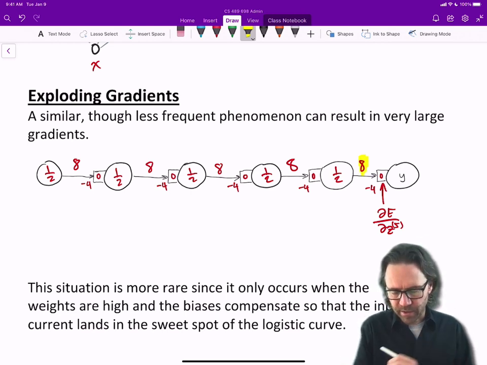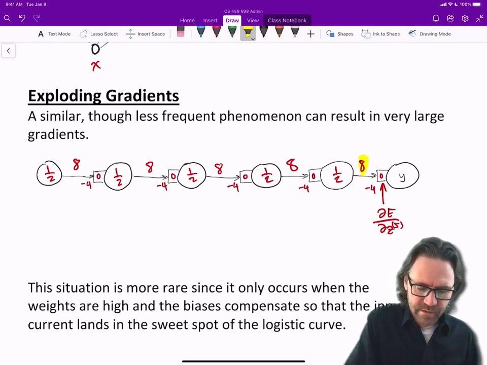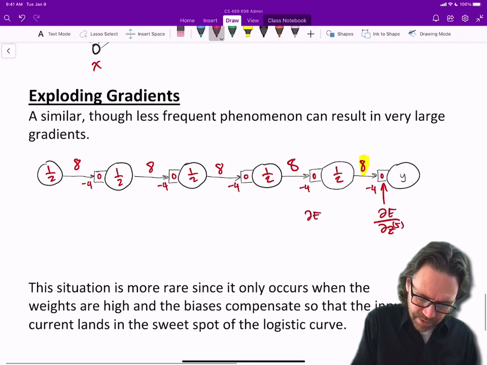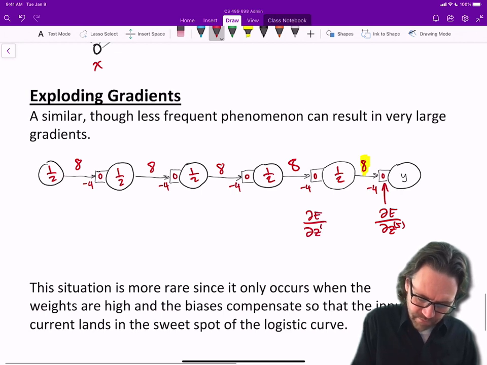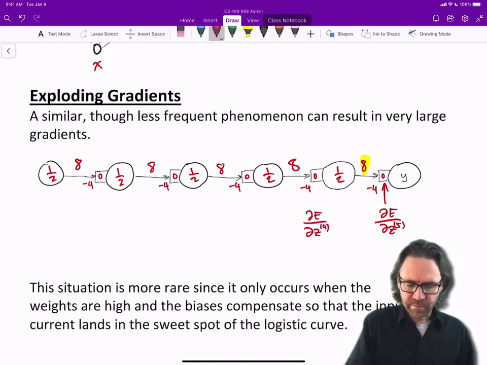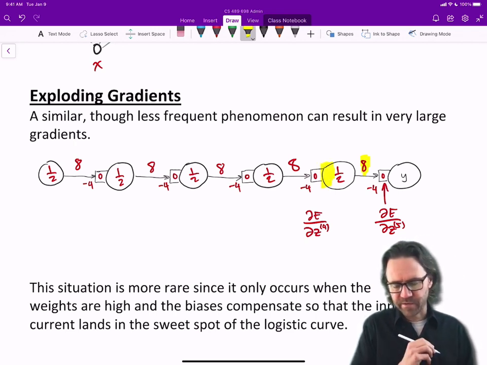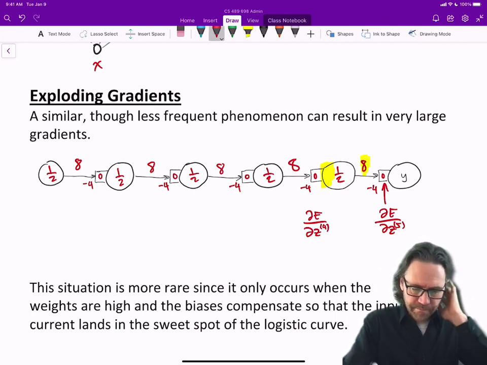To get our dE/dZ4, we multiply by that connection weight and then times the derivative of the activation function.